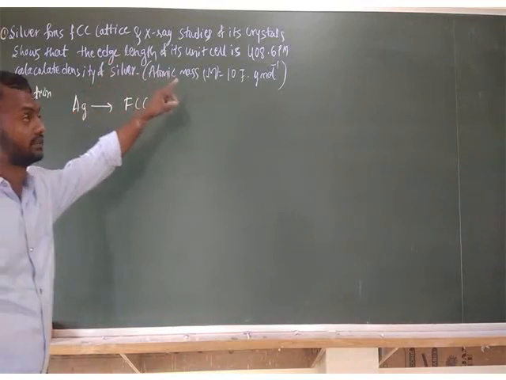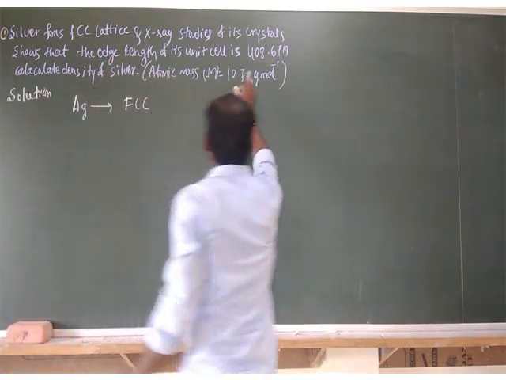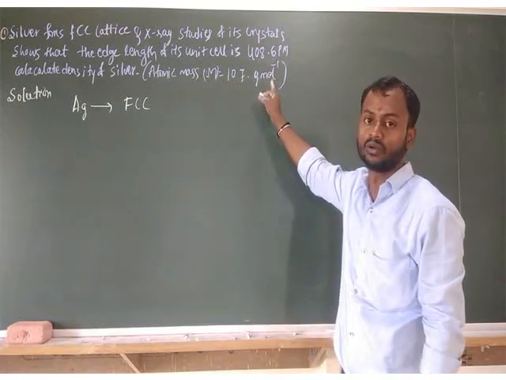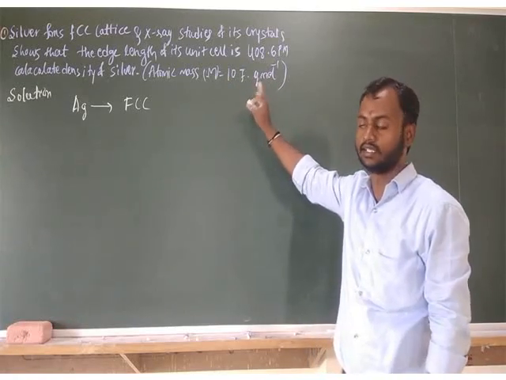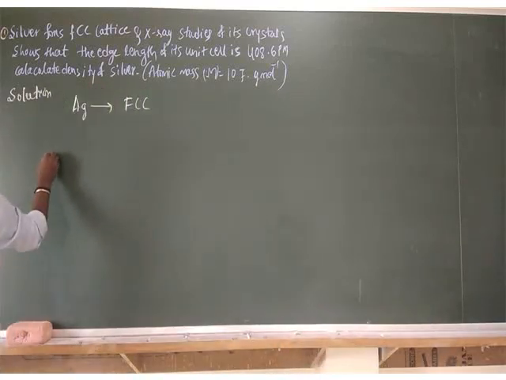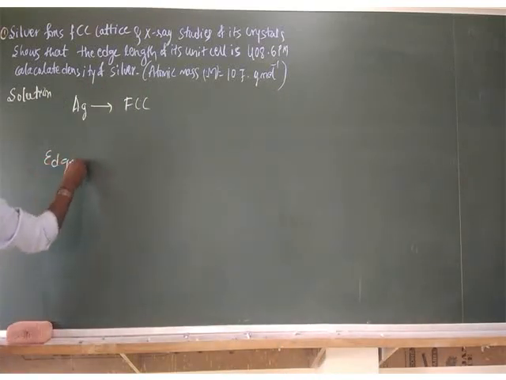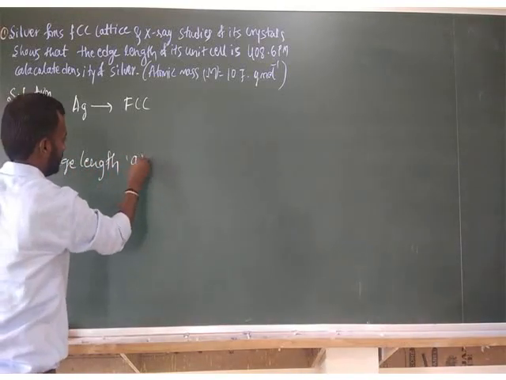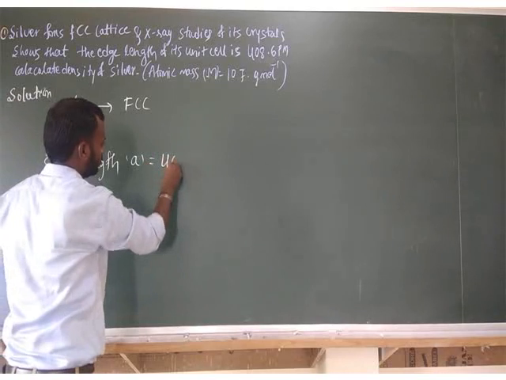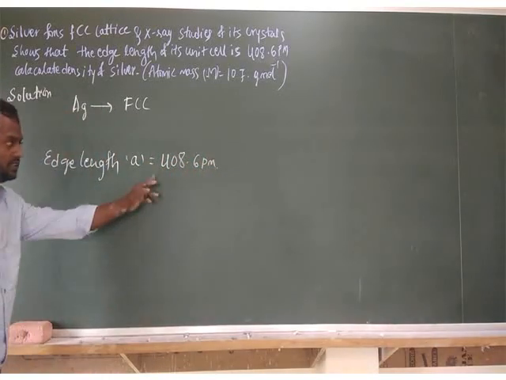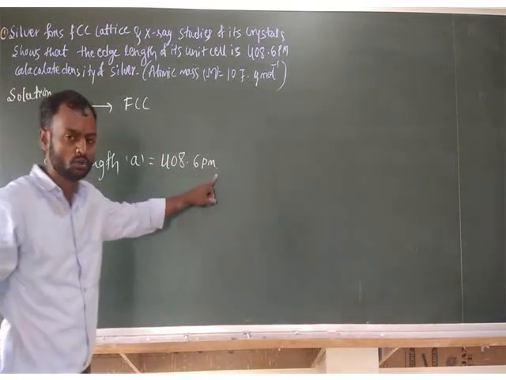By X-ray studies of its crystal, the edge length of its unit cell is found to be 408.6 picometer. The edge length is indicated by a, so the a value is 408.6 picometer.